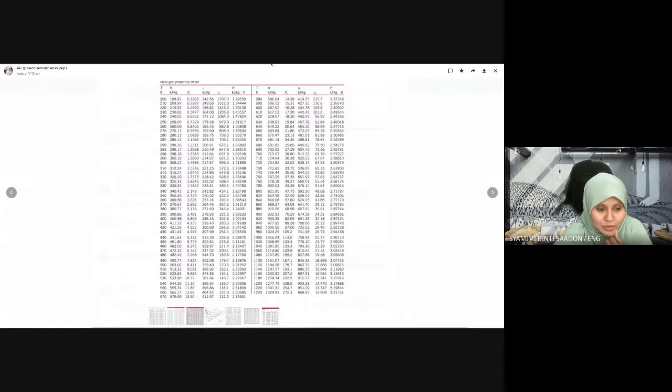Look at this together, we are going to finish soon. U1 first. This is the ideal gas properties of air, ideal gas table A17, because we assume that the air is an ideal gas.